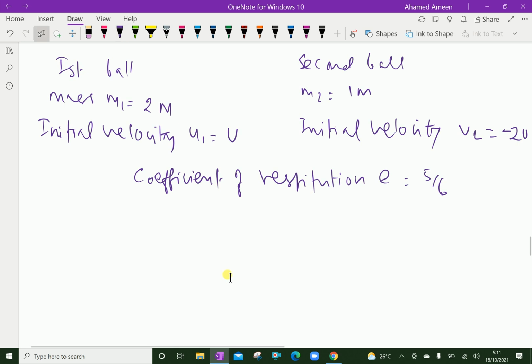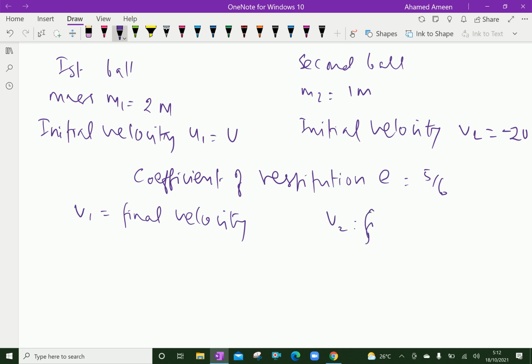Now v1 is the final velocity of the first ball, and v2 is the final velocity of the second ball.